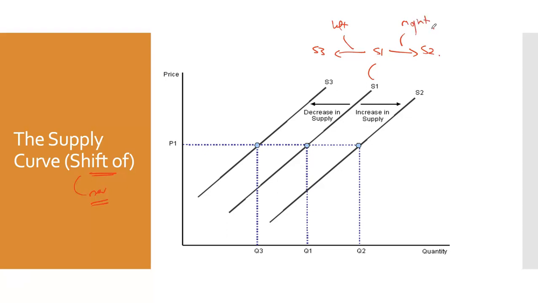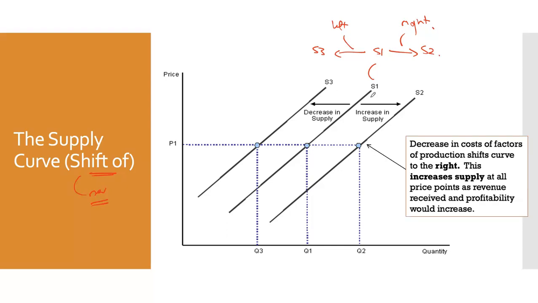There are different factors that will result in these shifts, but a decrease in cost, for example, will shift the curve to the right, and this increases the supply at all points as revenue and profitability will increase. So at all price points, a shift to the right will mean that I'm prepared to supply more. At every price, I'm prepared to supply a little bit more.